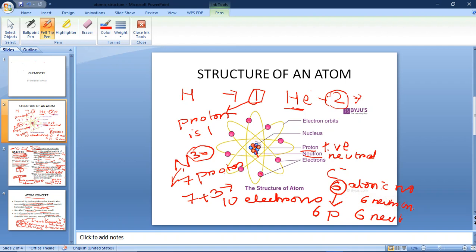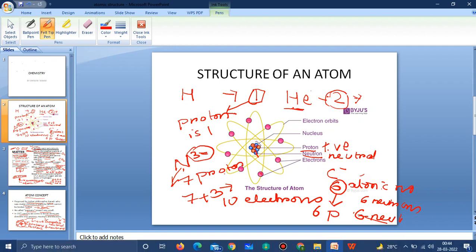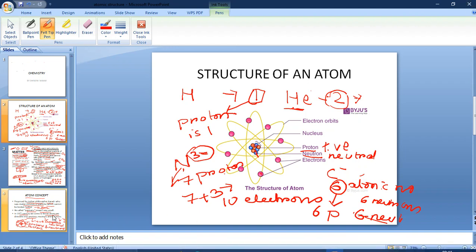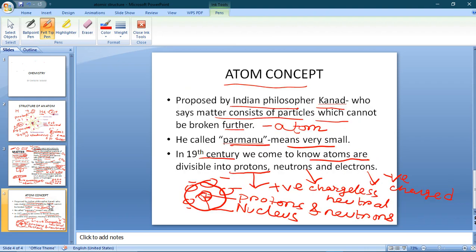Chargeless, so it is electrically neutral. Now coming to the next topic. You have understood the concept that atoms are divisible into three parts: protons, electrons and neutrons, and the electrons revolve around in different orbits or shells.